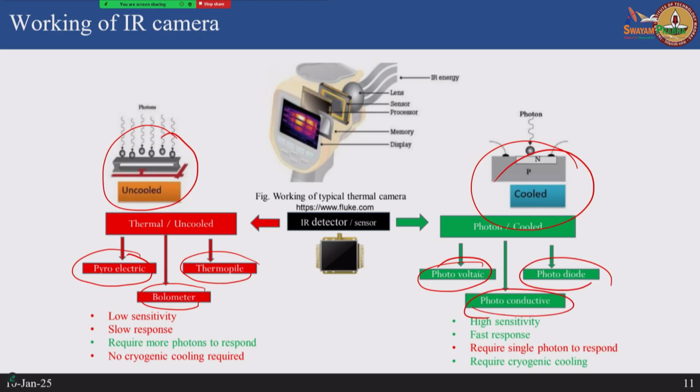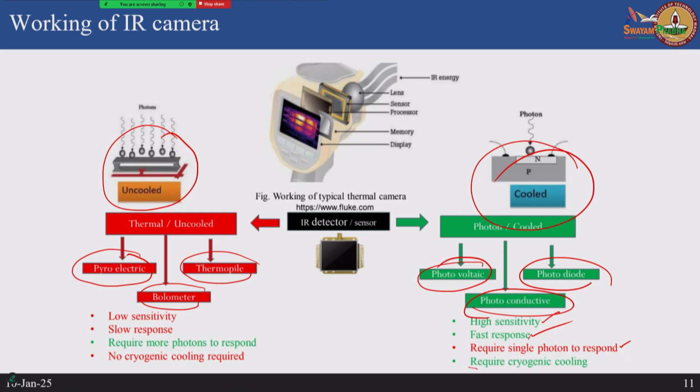Depending on the semiconductor principle, they can be used accordingly, and they have very high sensitivity and fast response. Even a single photon or any electromagnetic wave falling on them can be enough to give a response, producing some voltage or current depending on the emission falling on the sensor.